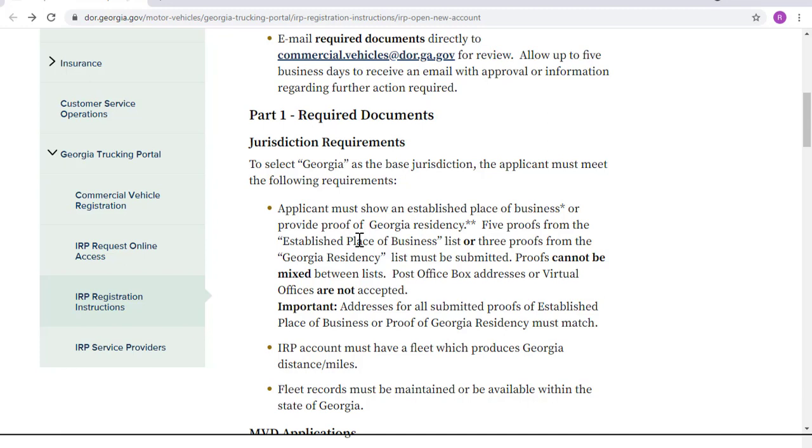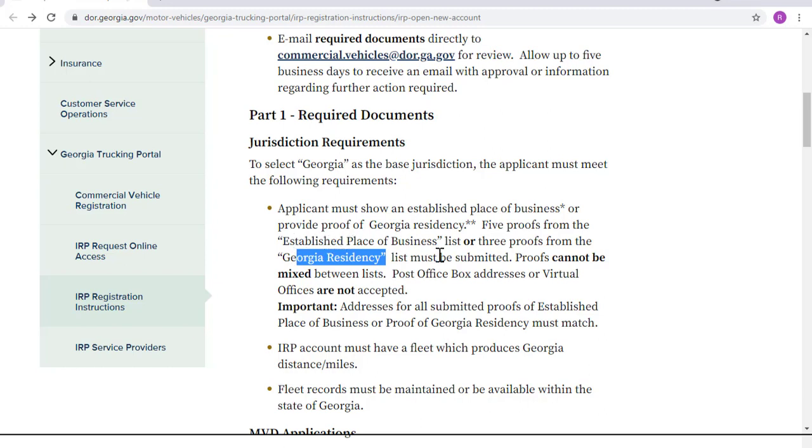And if you have a physical location where you office, then you would be able to meet those 5 proofs that you need in order to establish your place of business. If you don't have a physical location in Georgia, then you're just going to go under the Georgia residency. And a lot of people go here if that fits you. Okay, and if it does not fit you, then you're going to go into the established place of business.